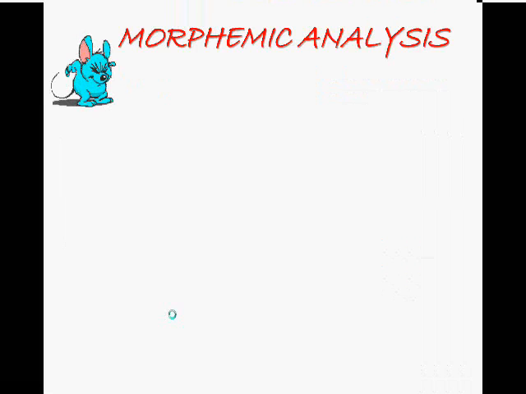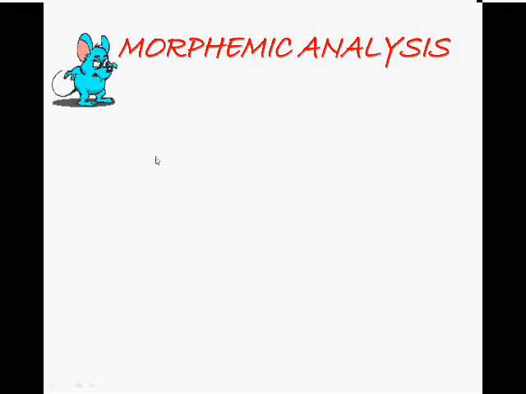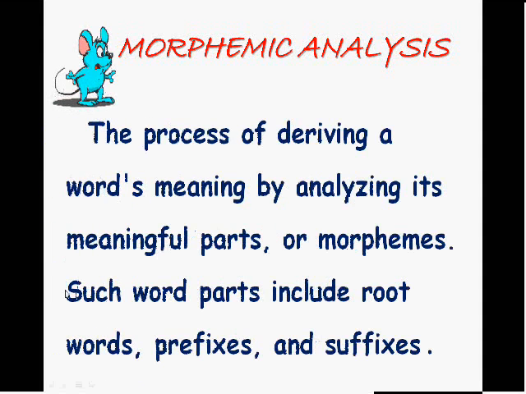Also, if we look at another strategy of word learning, it is morphemic analysis. Remember, at the beginning I told you, don't worry about the word. We will explain it, and you will find it very clear. It is the process of deriving a word's meaning by analyzing its meaningful parts, or morphemes.